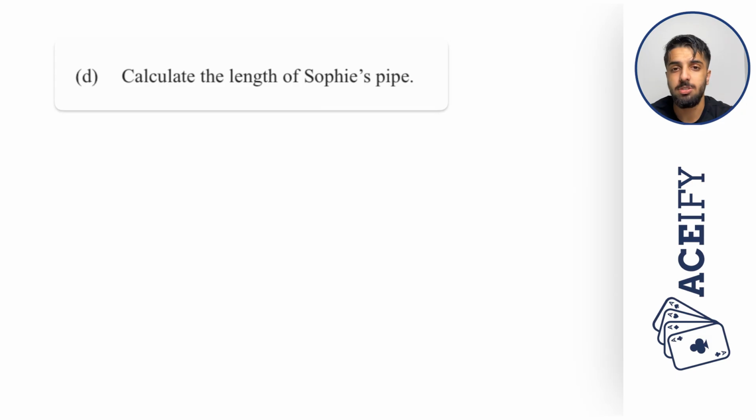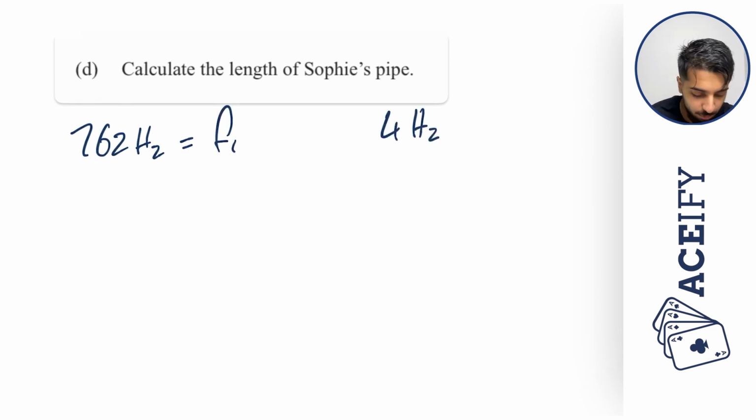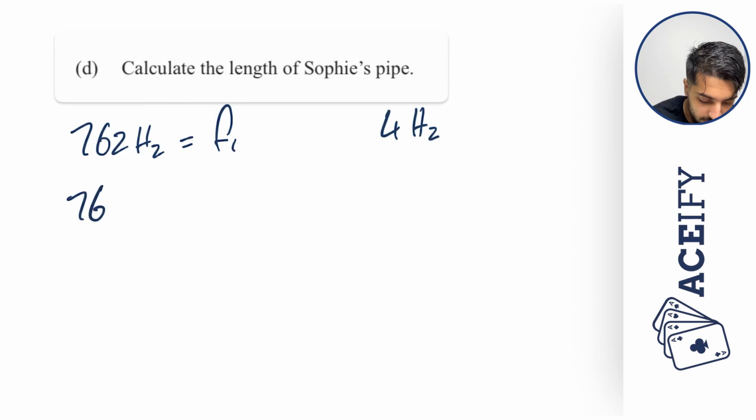Okay, so the frequency produced by Maria's pipe is 762 Hz, and we can call that f1. Now because the beat frequency is 4 Hz, we know that Sophie's pipe produces a frequency of 766 Hz. And we can call that f2.